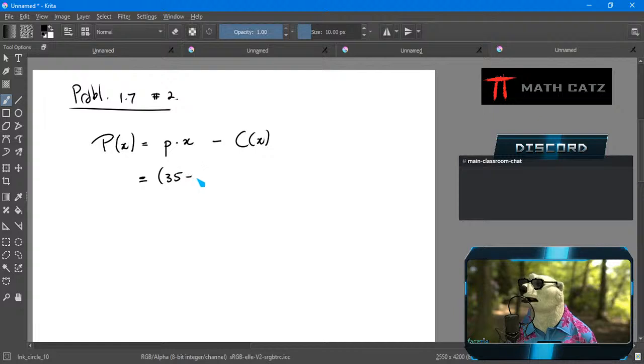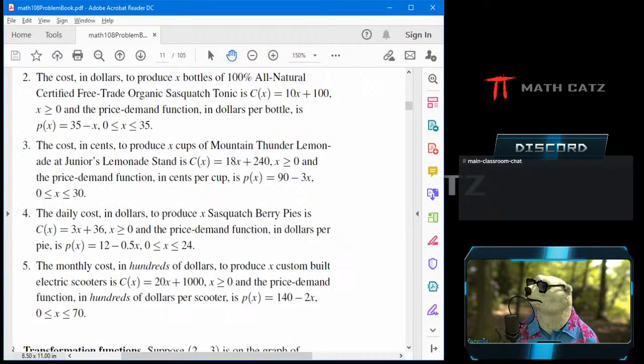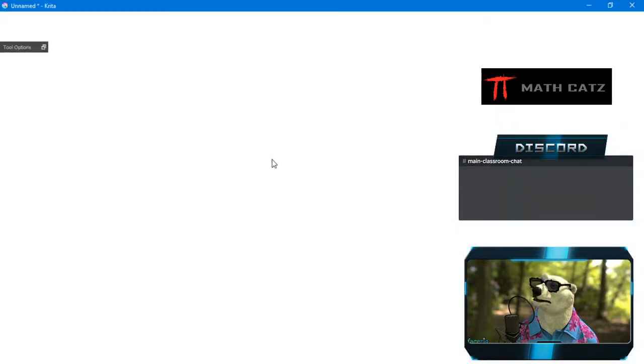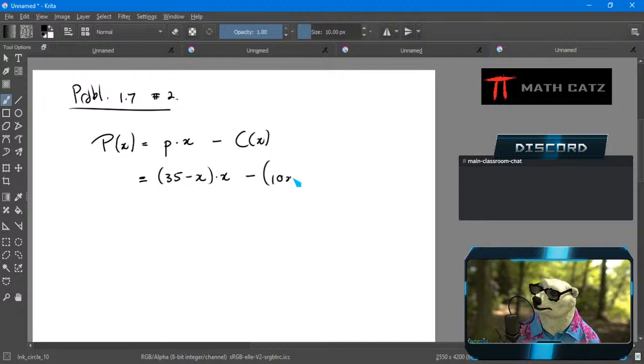So 35 minus x, and it's hard to know how the price and the cost interact with each other to see where the optimal situation is for me. That's why I do this analysis. I have to look at the function and that then tells me. But I have to simplify the function first. What is the cost? Cost 10x plus 100. Remembering the brackets, 10x plus 100.